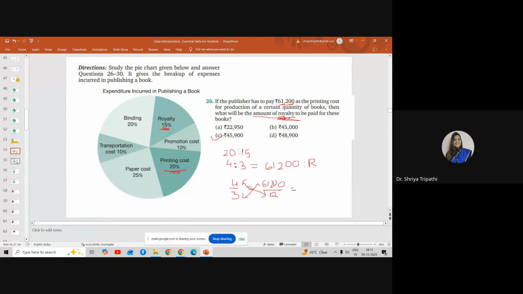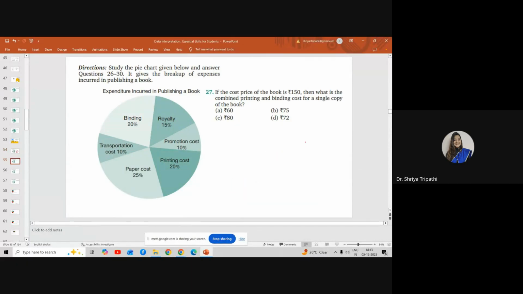Okay. The next question on the screen. If the cost price of the book is 150, then what will be the combined printing and binding cost for a single copy of the book? Price. You all understand cost price and selling price? Can anyone tell me what's the difference between the two?